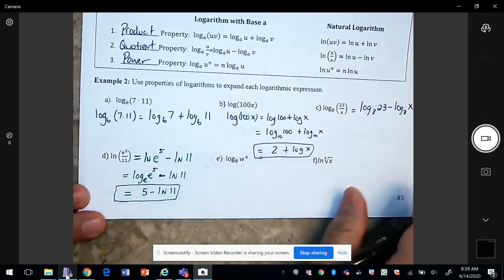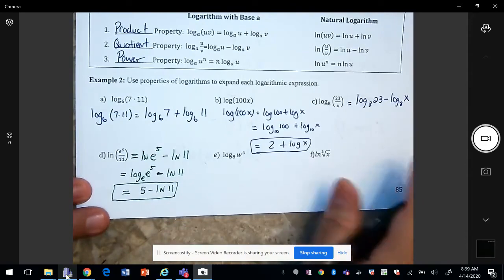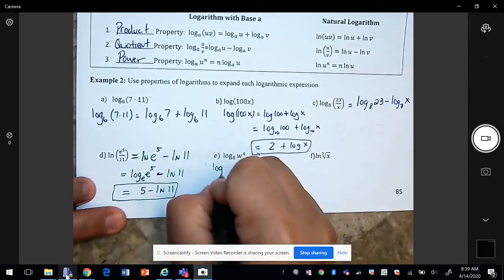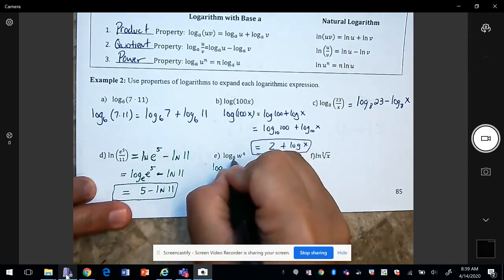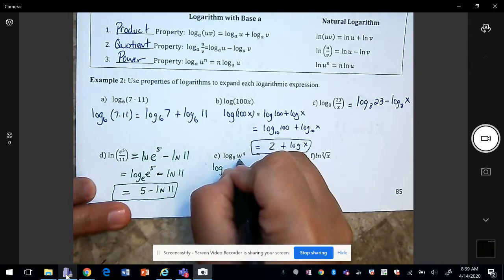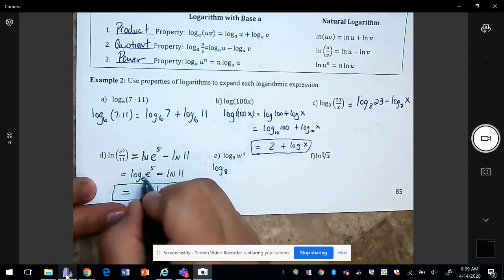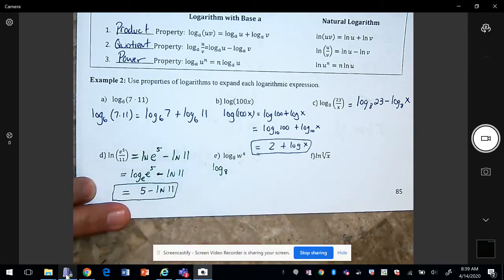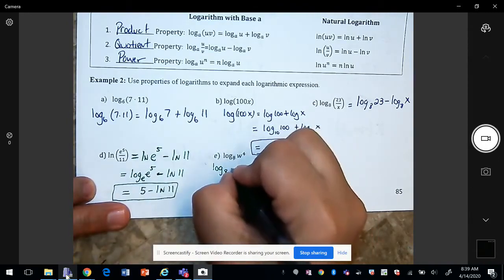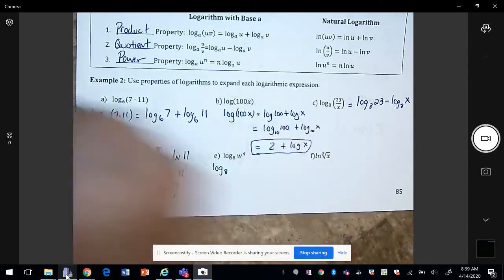On the next one here, we have log base 8 of w to the 4th. So notice that here the base 8 and w are not the same. So we cannot apply the same rules that we did over here. And so this is where the product rule is important.